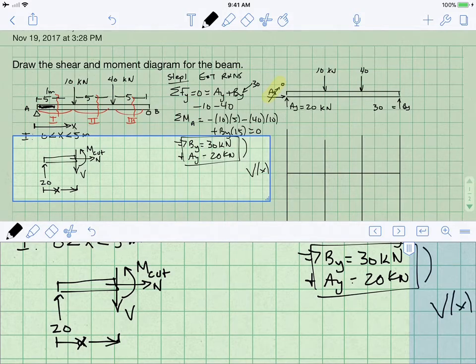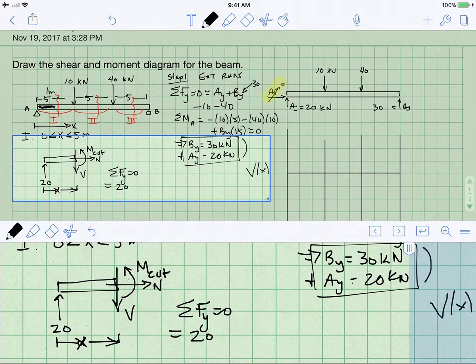And so now the procedure is simply to apply the equations of equilibrium to this little segment. In other words, we're going to take the sum of the forces in the y direction, and we're going to set them equal to 0. And when I do that, I see that 0 equals 20, and it's positive.